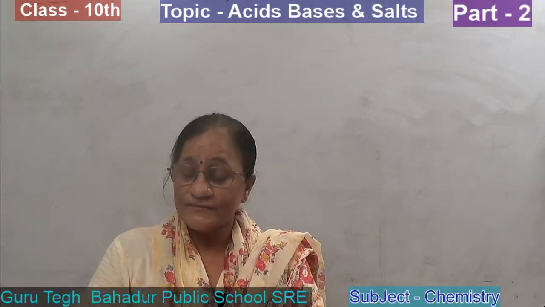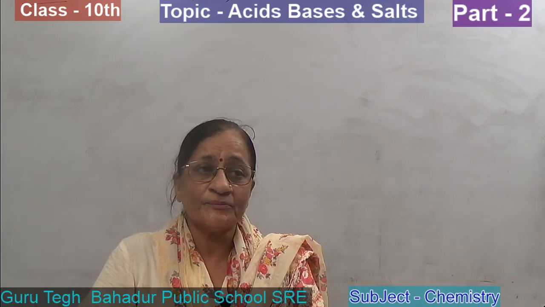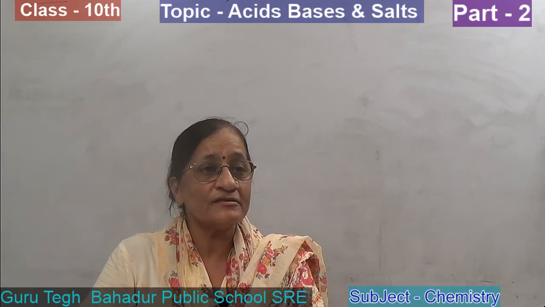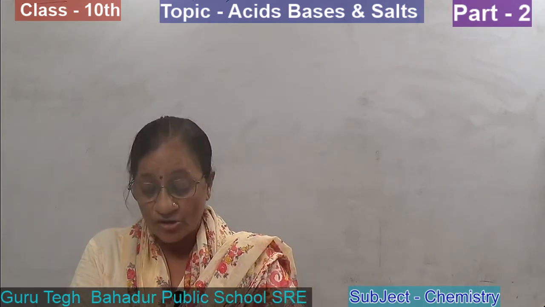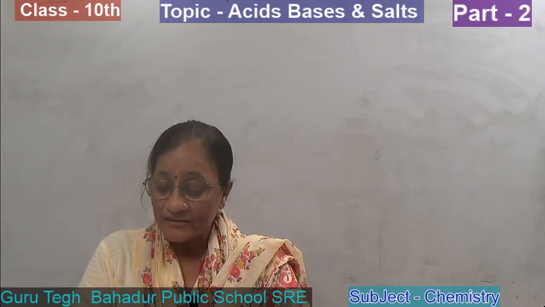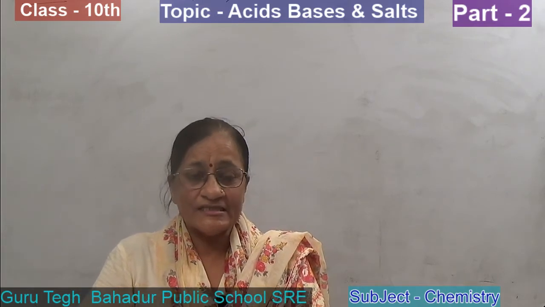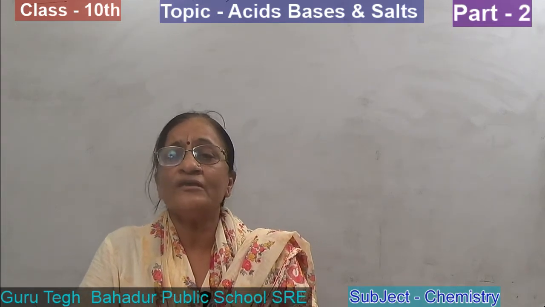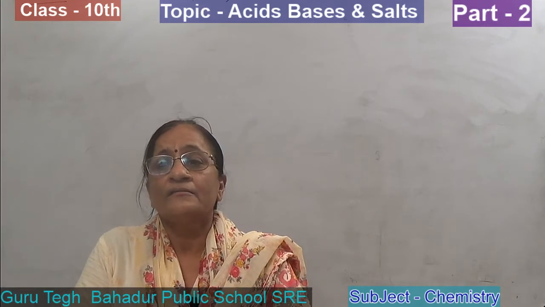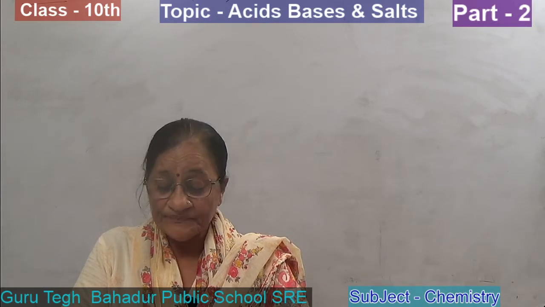Hello students. On the last turn we started this chapter of chemistry, that is acids, bases and salts, and we discussed acids, bases and how we can check acids and bases given in the laboratory.